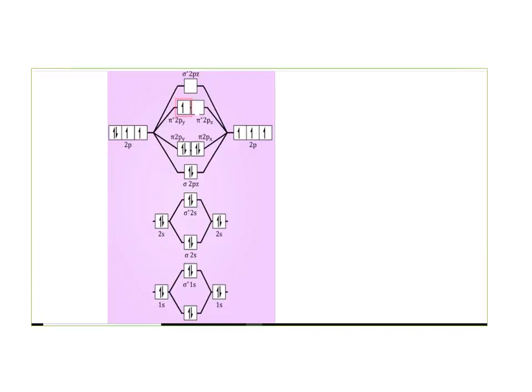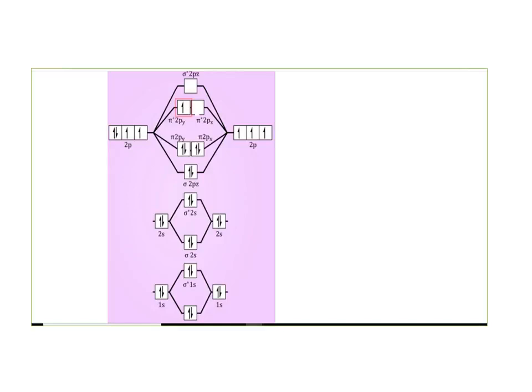Now take an example. There is an example for you. It's for your help. Just solve this example which is visible on the screen, and before moving to the next slide, just solve by yourself which molecule this energy level diagram is for. Here you are shown complete 1s, 2s and 2p.